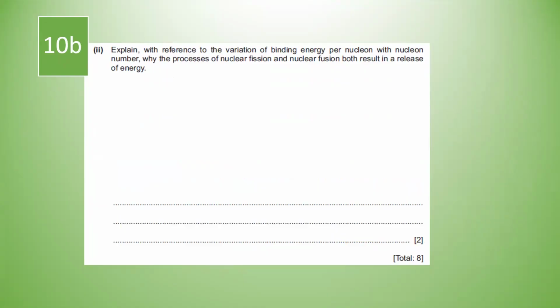Explain, with reference to the variation of binding energy per nucleon with nucleon number, why the processes of nuclear fission and nuclear fusion both result in the release of energy.